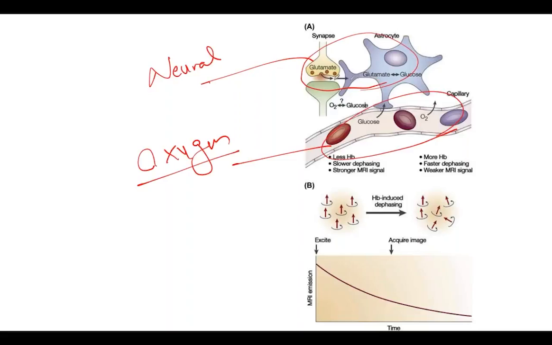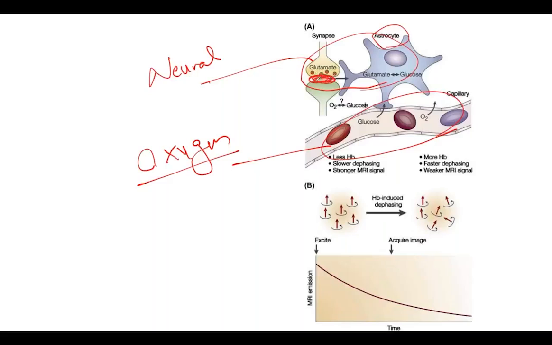But in reality, it is not just neurons. Even the astrocytes and the glial cells and other things are also involved. We know that most of the time, the highest level of energy consumed inside the brain is by the synapses. So most of the time, the signal that we have related to oxygen is related to the level of synaptic activity.